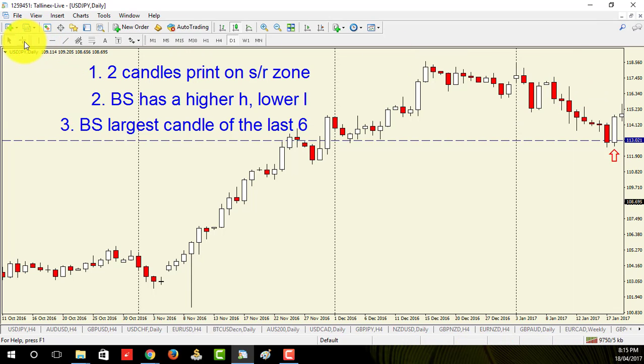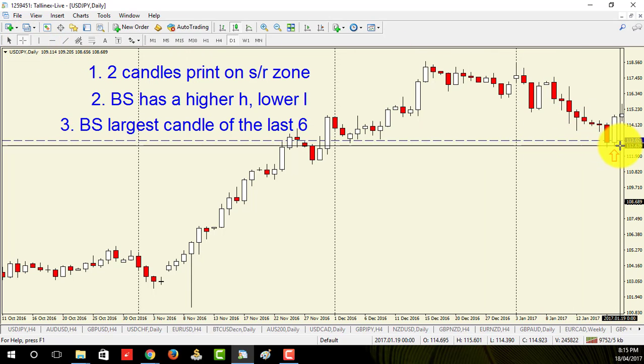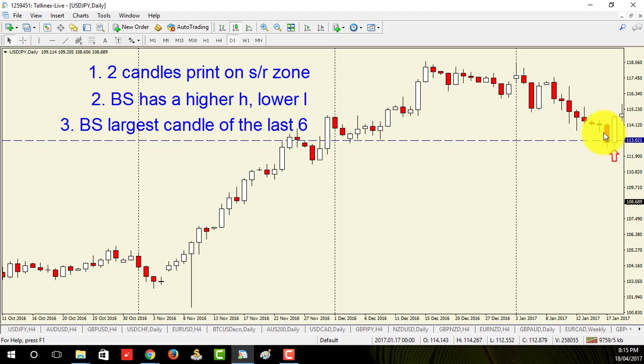That one's about 270 pips. And this candle here, the big shadow, is about 238. So it's bigger than that one, that one, that one, that one, that one. So it's the biggest of the last 1, 2, 3, 4, 5. But it's not bigger than this one, I don't think.